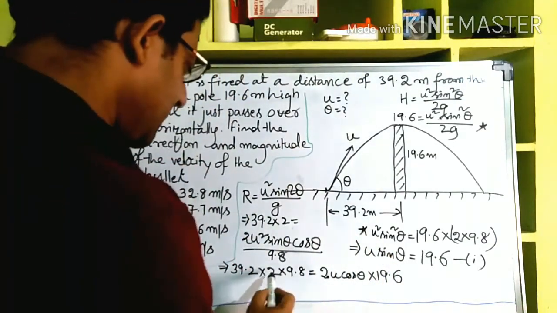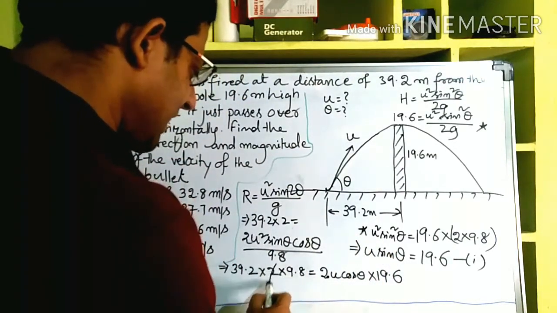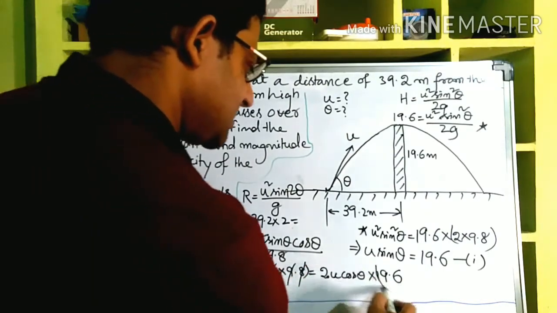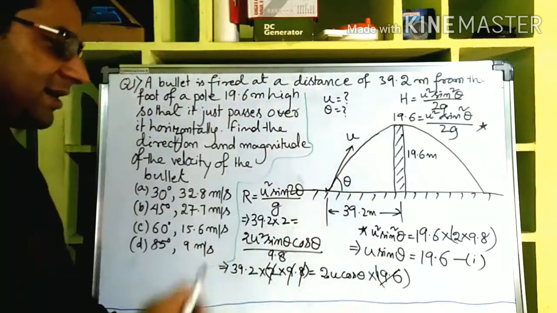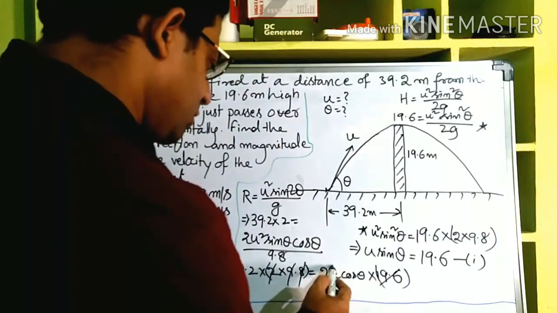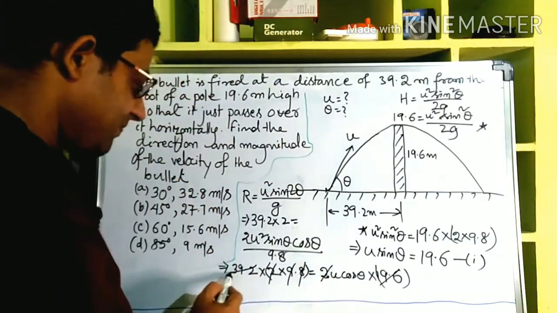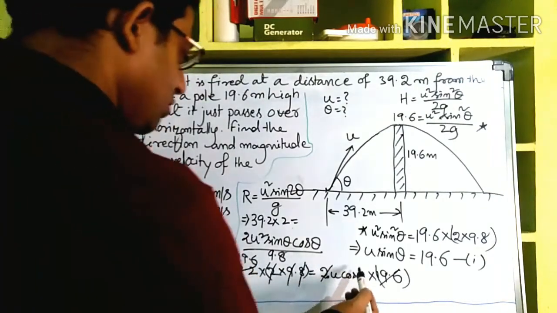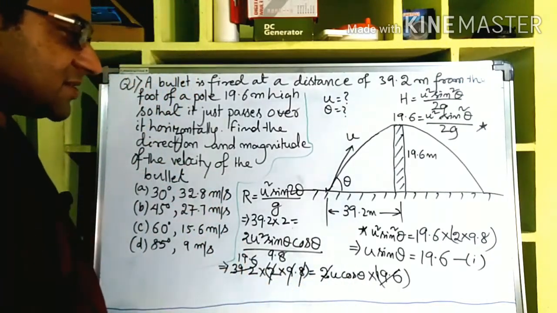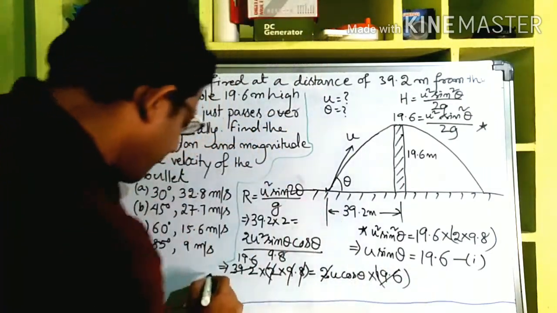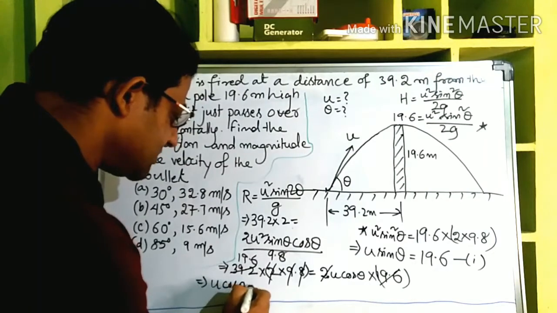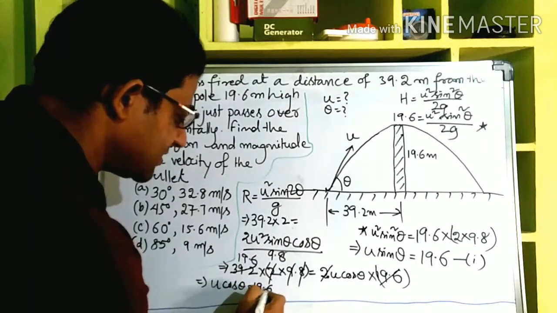Clear? Now this 2 into 9.8 is 19.6, and that got cancelled with 19.6, and this 2 got cancelled. So u cos theta is equal to 19.6.